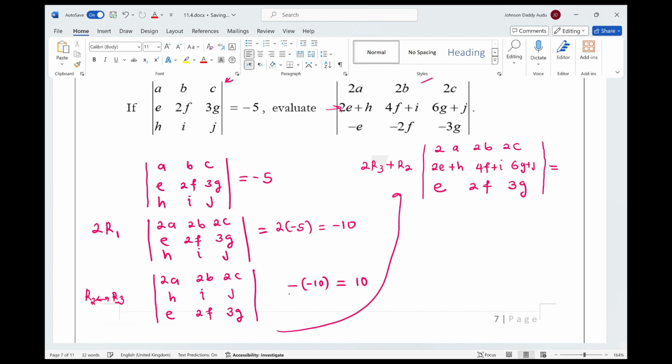In this case, the determinant will still remain as 10 because we apply this row operation.